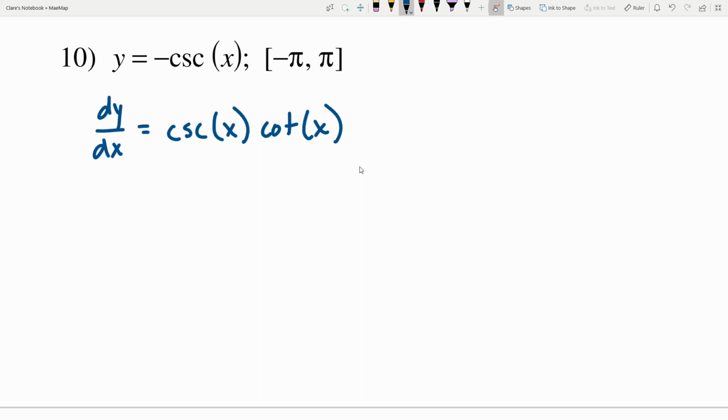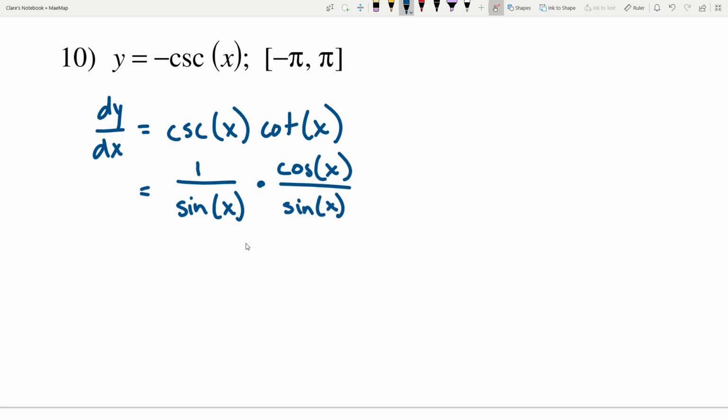Now, they give me an interval from negative pi to pi because these are cyclical functions that continue on. But I don't really know what this looks like offhand, so let's simplify it down. Cosecant of x is really 1 over the sine of x. And cotangent of x is going to be the cosine of x all over sine of x.